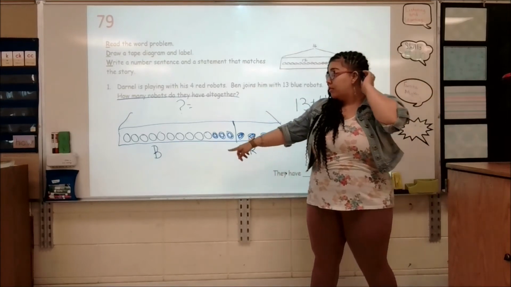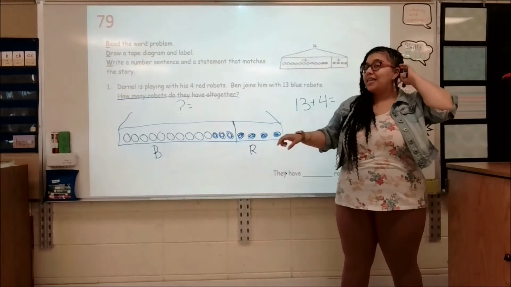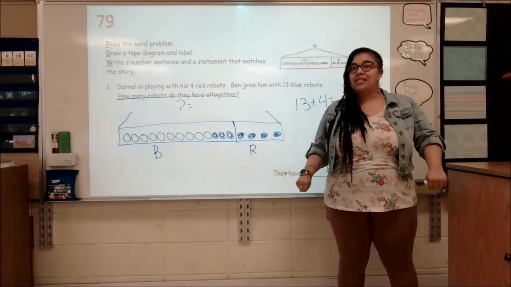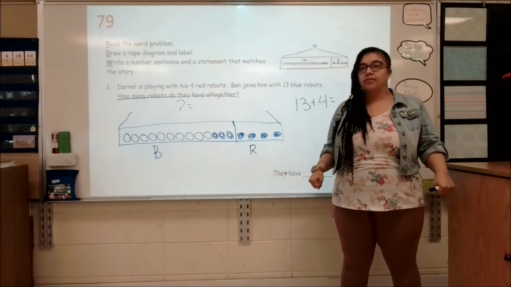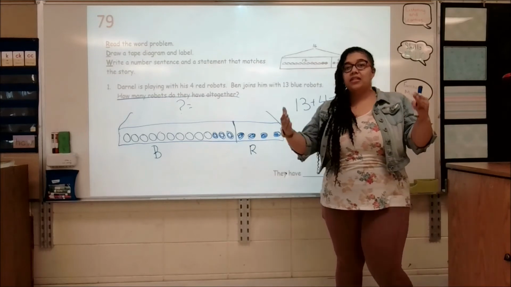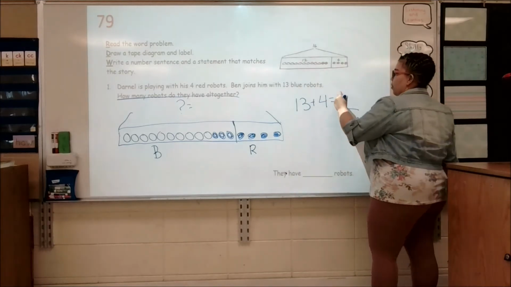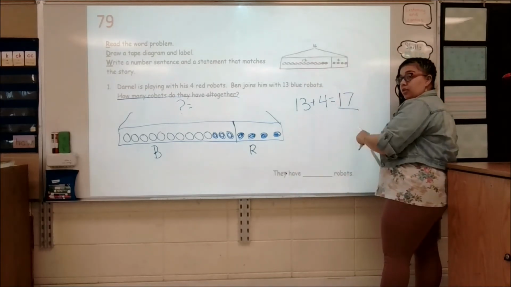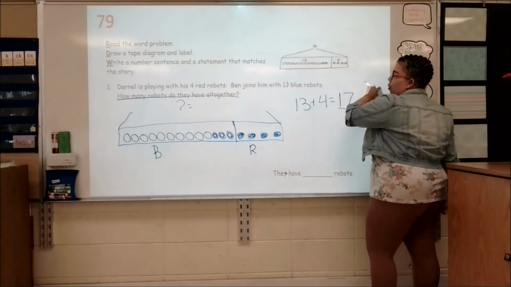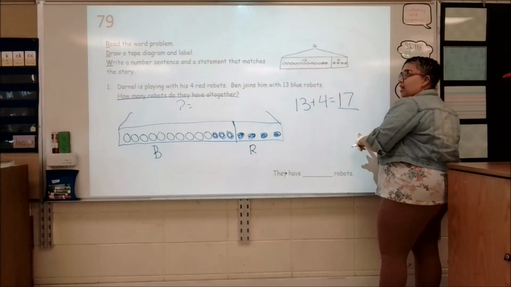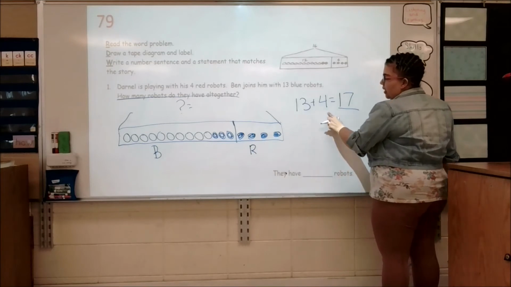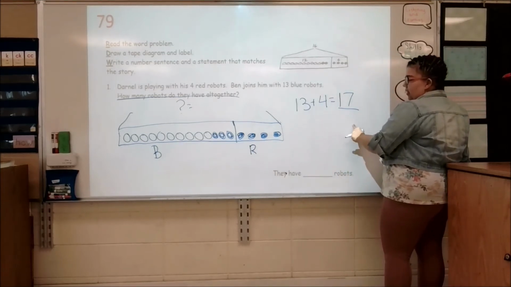We drew 10 plus 7, which is 17. We can draw in a way that helps us solve the problem, but the actual problem, what we're being asked, is Ben's robots plus Darnell's robots equals 17 robots.